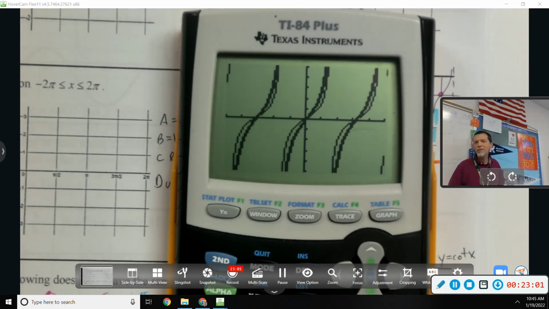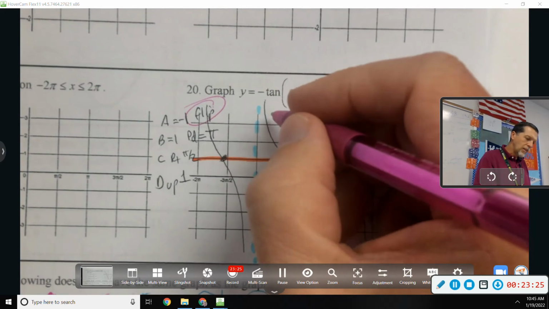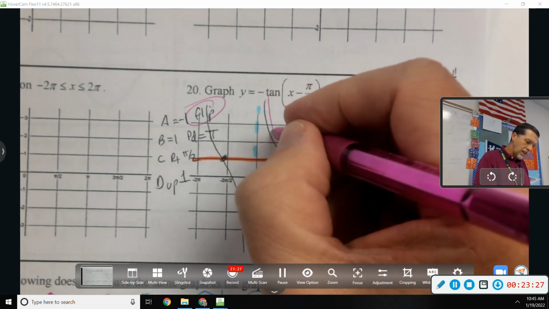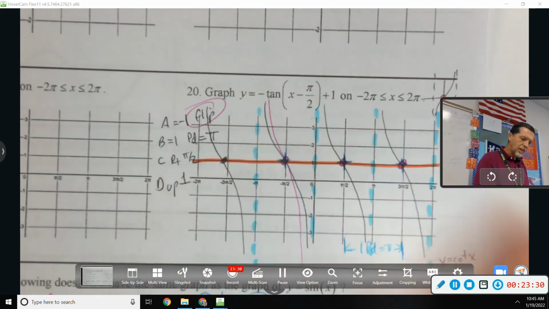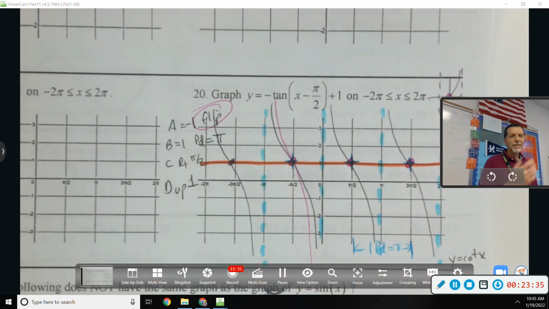The difference between tangent of x and 2 tangent of x, especially if you're graphing on your own paper, I hardly would be able to tell. So that's why we won't stretch tangent or cotangent, because you can't really. I mean, there's a difference, but when you're graphing on your own paper, there wouldn't be a whole lot of difference. If I stretch it by 2, there's my new graph. It doesn't do much.